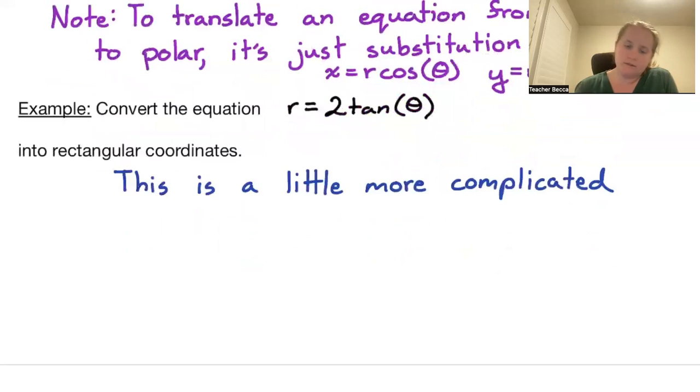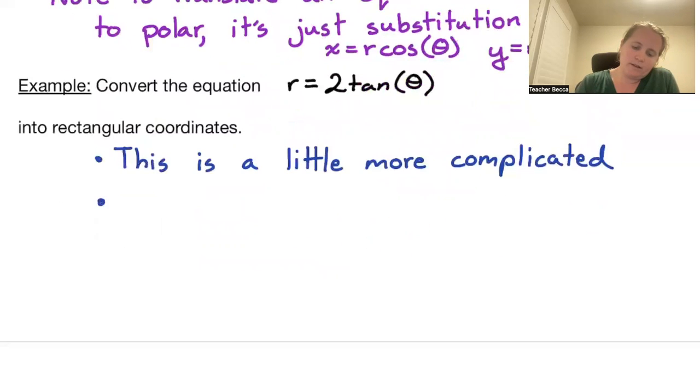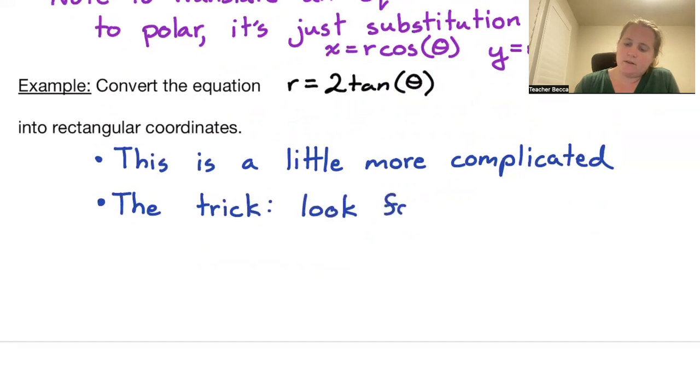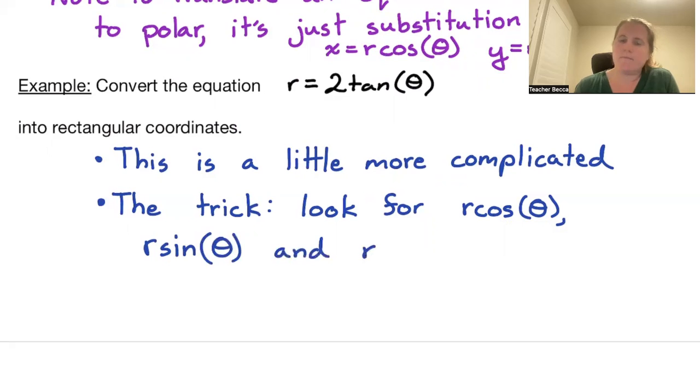In general, the trick is to look for r cosine theta, r sine of theta, and r. If we can't get r cosine theta or r sine of theta, then it's a little challenging. If we can find r, then we can use r squared equals x squared plus y squared.